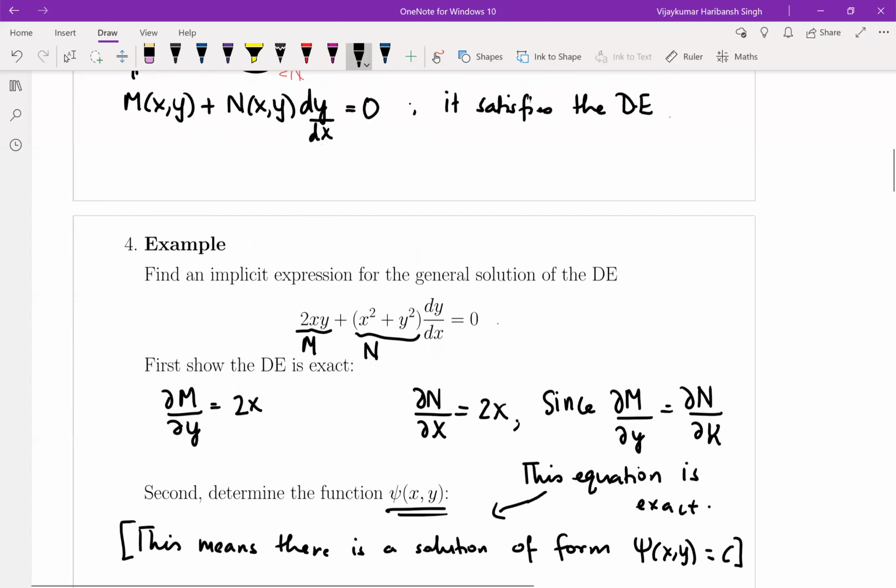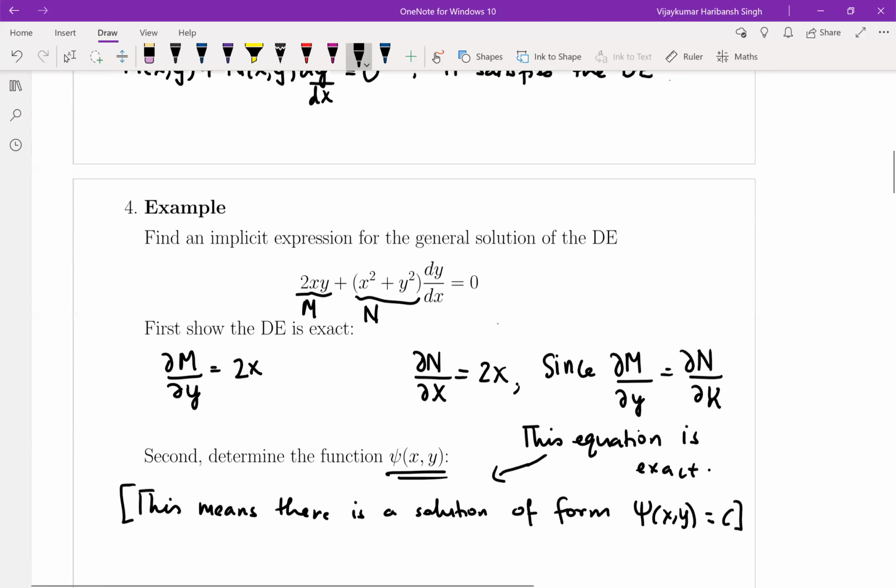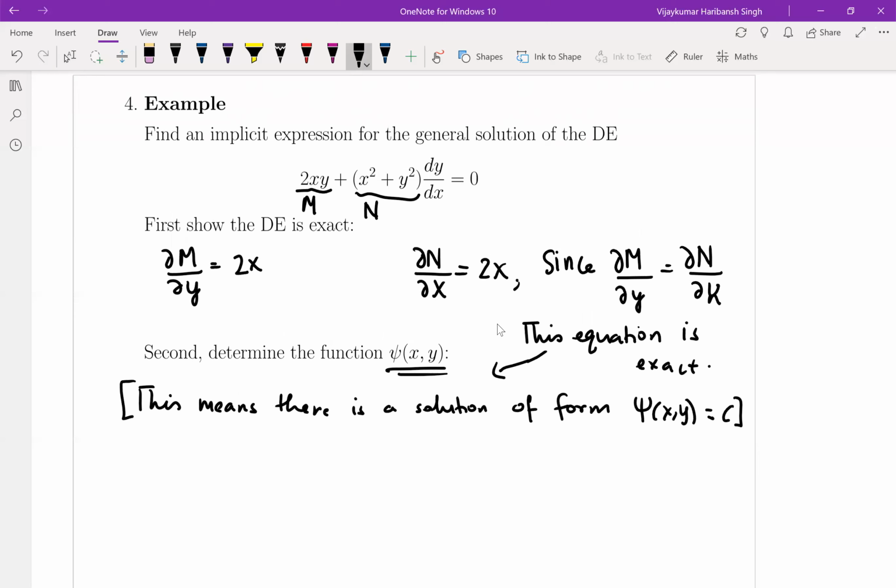So note that if you look here, your m is partial derivative of phi with respect to x. So we want to find the function phi.